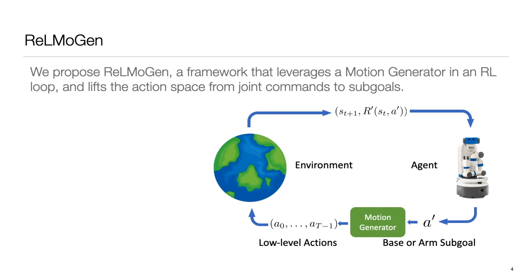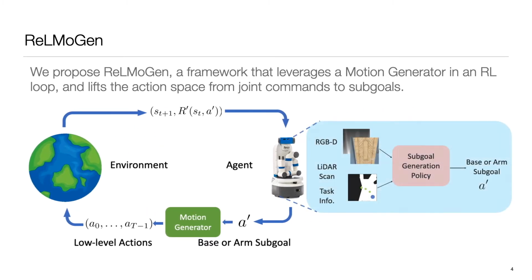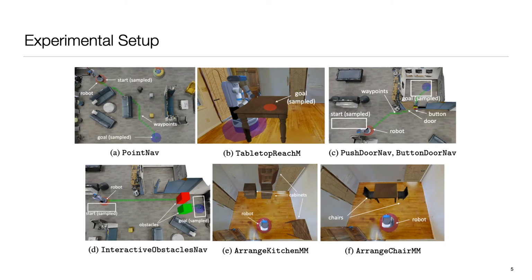Our subgoal generation policy, parameterized by a neural network, takes in RGBD images, one-beam LiDAR scans, and relevant task information as observation, and outputs base or arm subgoals as the new lifted action space. We stress test our method on a wide variety of 7 robotics tasks, including navigation, stationary arm control, interactive navigation, and mobile manipulation.